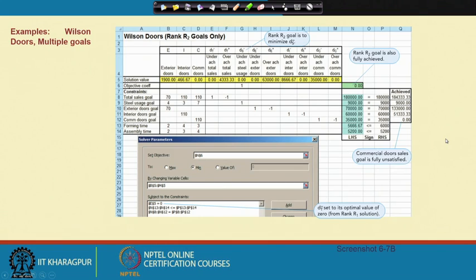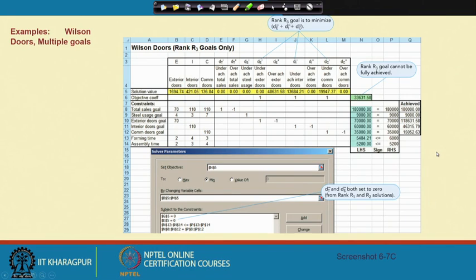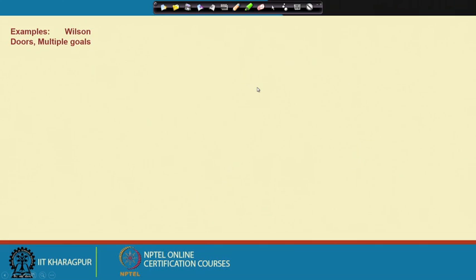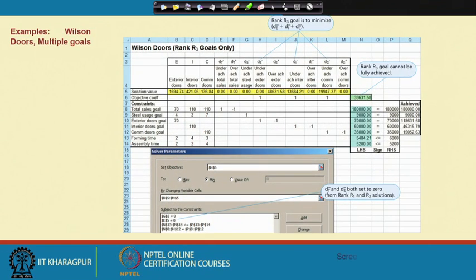As usual, this is the final rank 2 goal only, and this is the rank 3 goals only. So, there are different cases altogether: this is the rank 1 case, this is the rank 2 case, and this is the rank 3 case, because we have 3 different ranks.